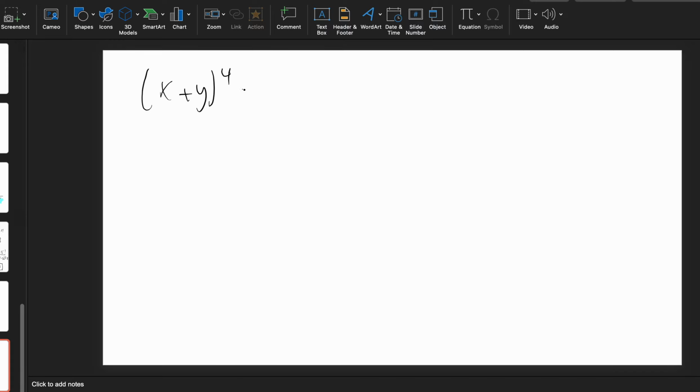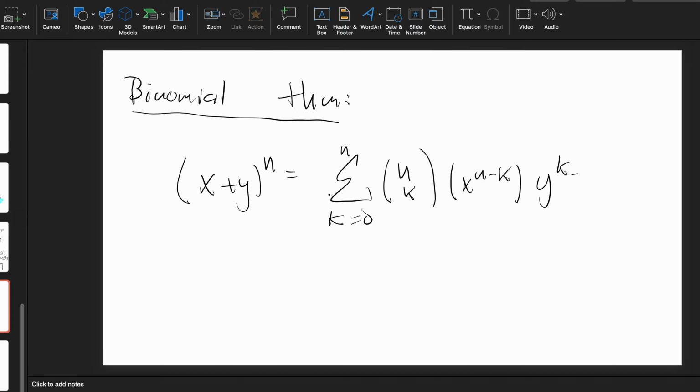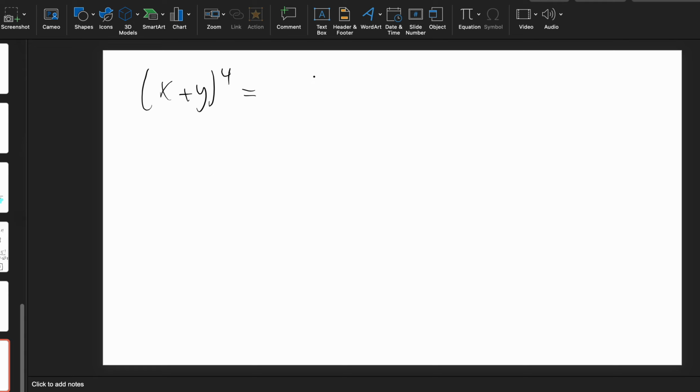(x plus y) to the 4th power is, according to the binomial theorem, so go back here, the binomial theorem says that (x plus y) to the 4 is, wherever I see an n, I'm going to plug in a 4. So I'm going to write out the binomial theorem. It says this is equal to the sum from k equals 1 to n of n choose k, x to the n minus k, y to the k.